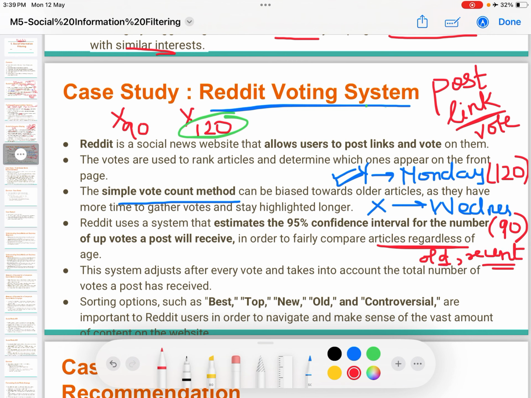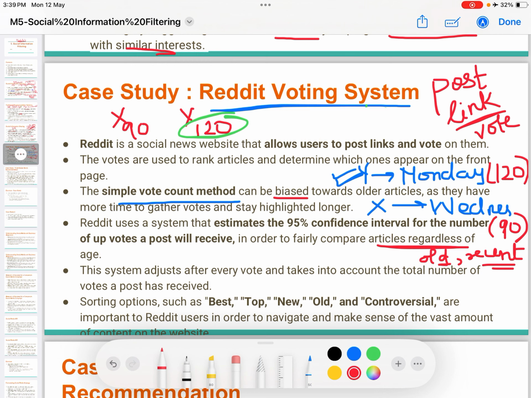It will not take this factor into consideration because this factor is leading to bias. This system adjusts after every vote and takes into account the total number of votes a post has received.